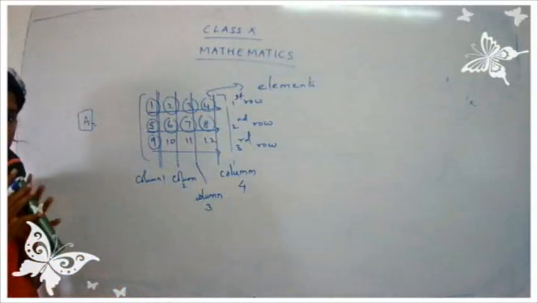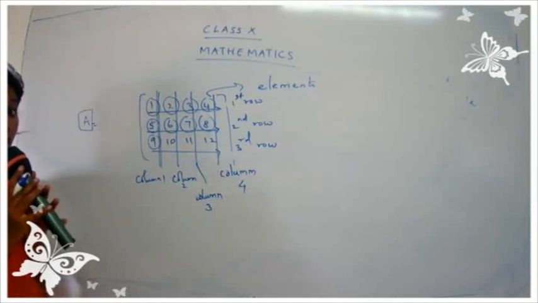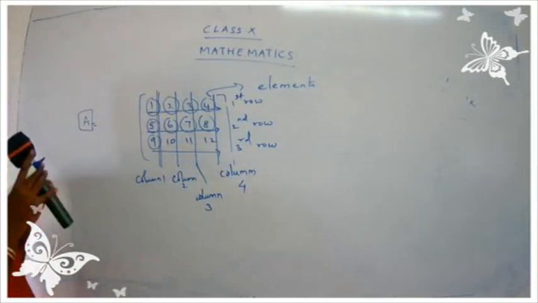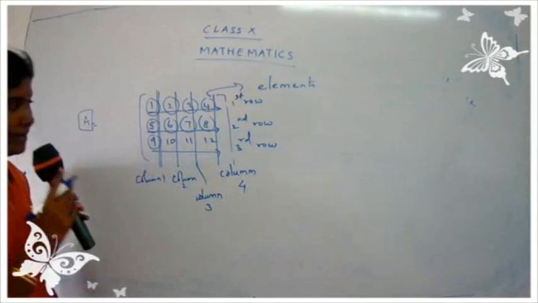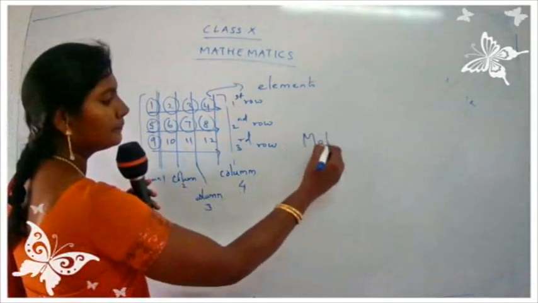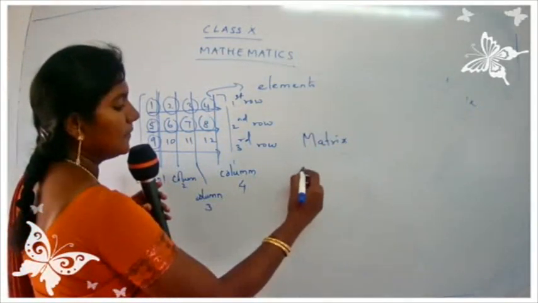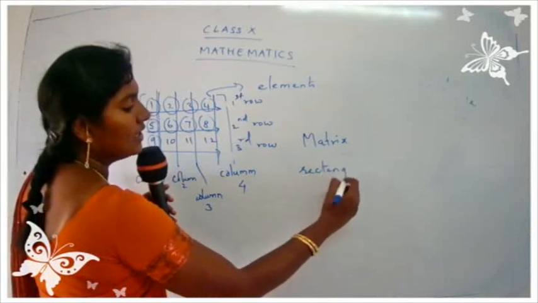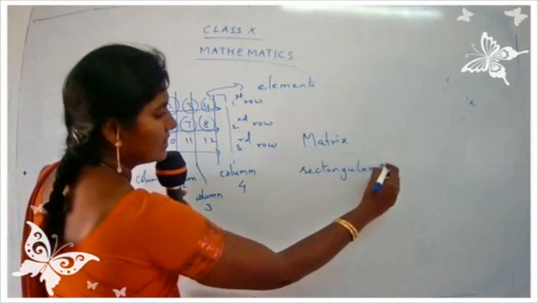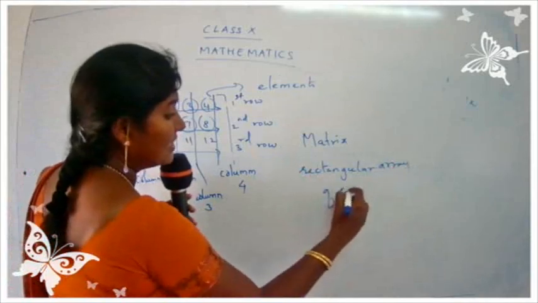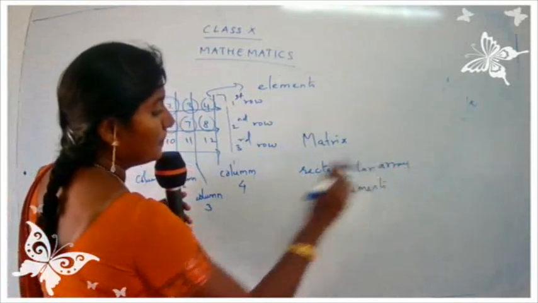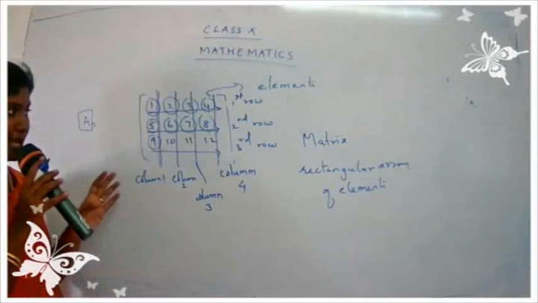So you are learning a new topic. Just understand the topics and understand all the terms involved in it. First of all, we studied what is a matrix. What is a matrix, children? Yes, it is a rectangular array of elements. Array is like an arrangement. The elements are arranged in a rectangular form.